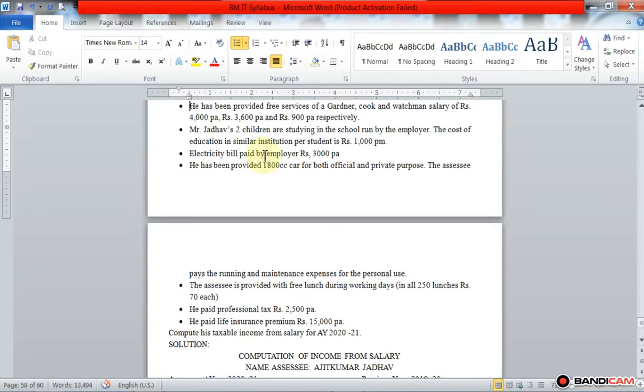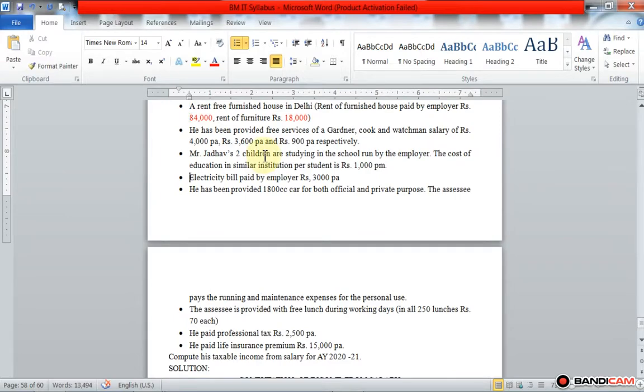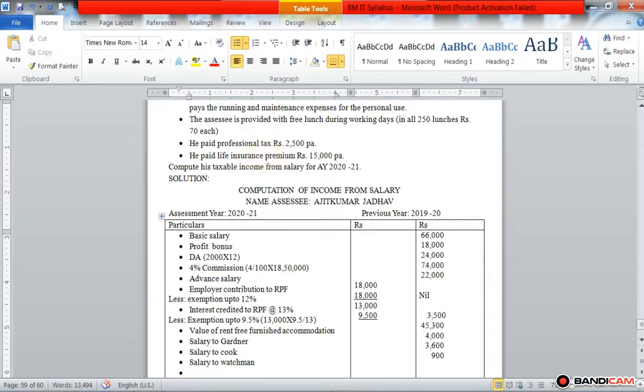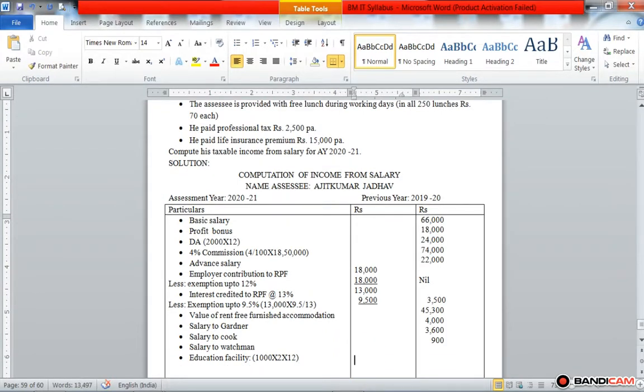Then next, electricity bill paid and educational facility. So for the educational facility, exemption is given. This educational facility is a perquisite. Education facility given to the children of SSC amounted to rupees 1000 multiplied by two children multiplied by 12, because it is 1000 per month, that is 24,000.